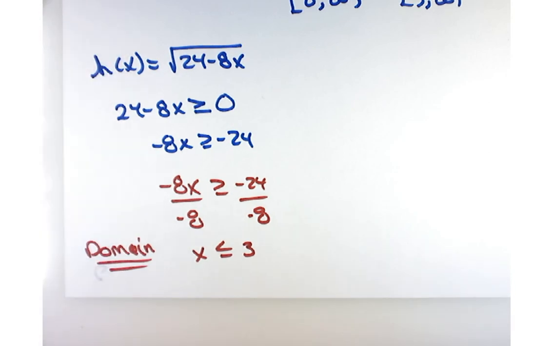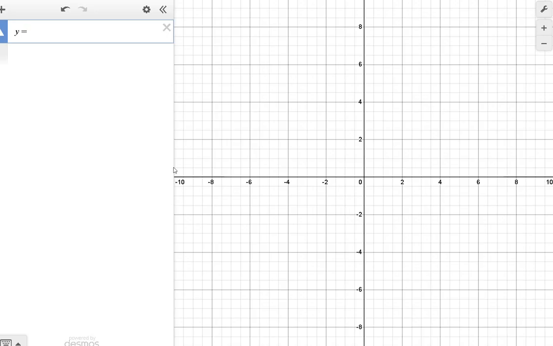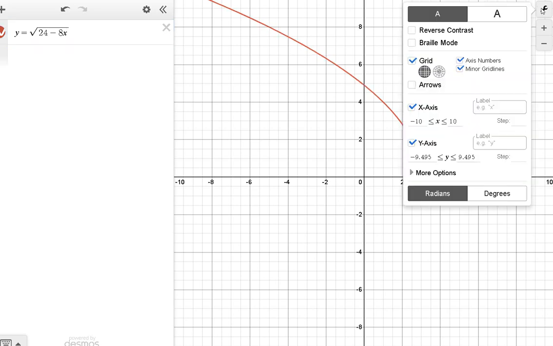Now it's easy enough to see that, working it through, but if you had access to your graphing calculator, or even better yet, Desmos, let's do SQRT, which is a quick way to get up the square root, and do 24 minus 8x. Take a look at our graph.